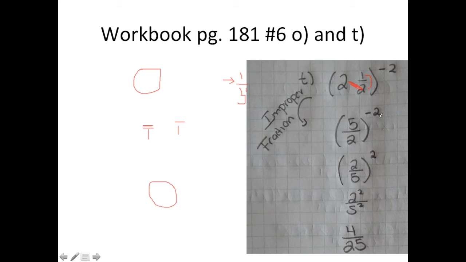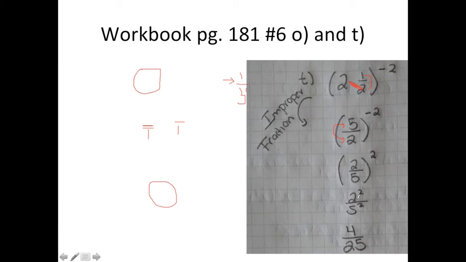So once I have it as an improper fraction, I know that 5 halves to the negative 2 is the same thing as flipping this around, guys, and changing your exponent to positive. Okay, that's what the property says. So that's how I get 2/5, and the exponent here becomes positive because I already flipped them around, right? So I have 2/5 to the 2. And then each one of these has to be to the second power.